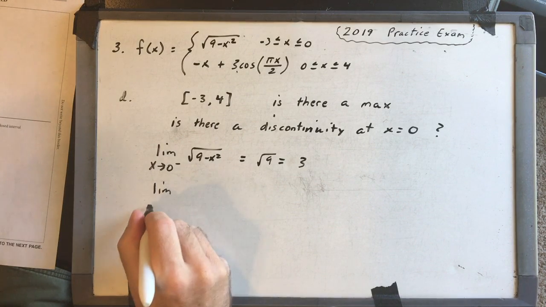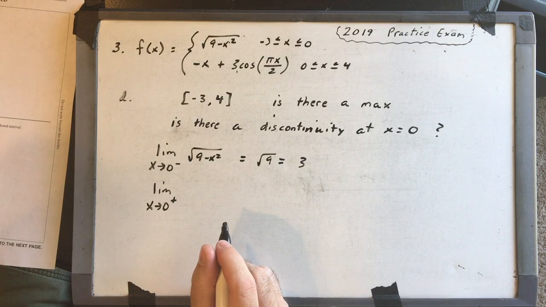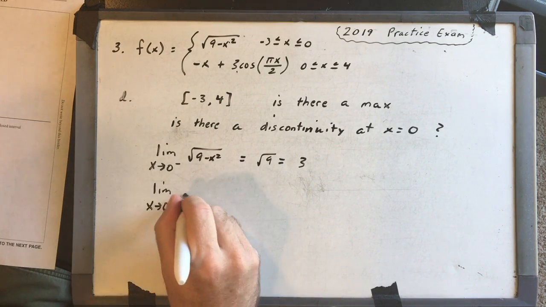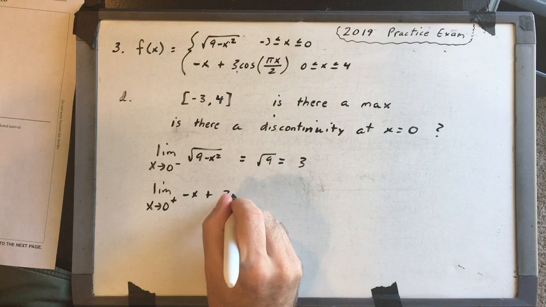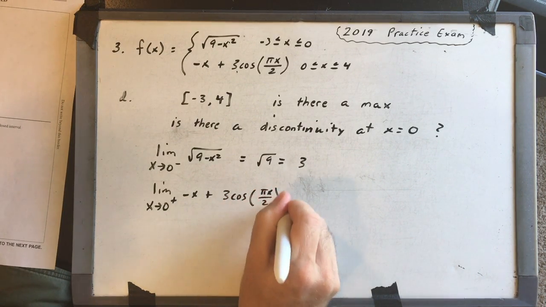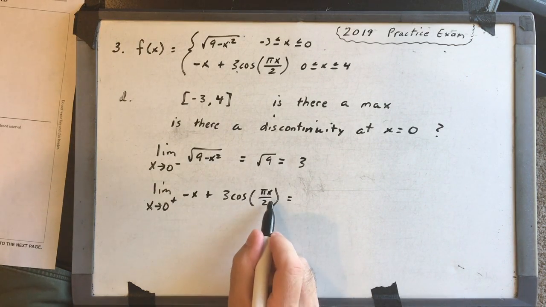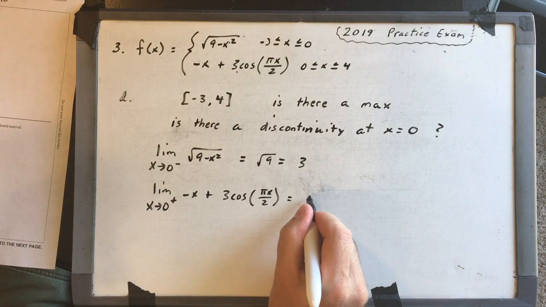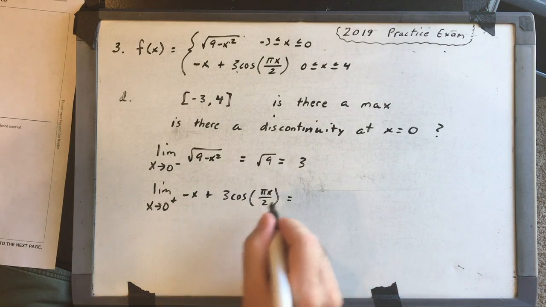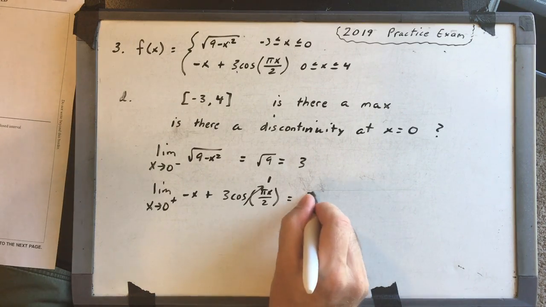And the limit as x approaches 0 from the right of negative x plus 3 cosine pi x over 2: negative 0 is 0, cosine of 0 is 1, so that's 0 plus 3 times 1, which is 3.